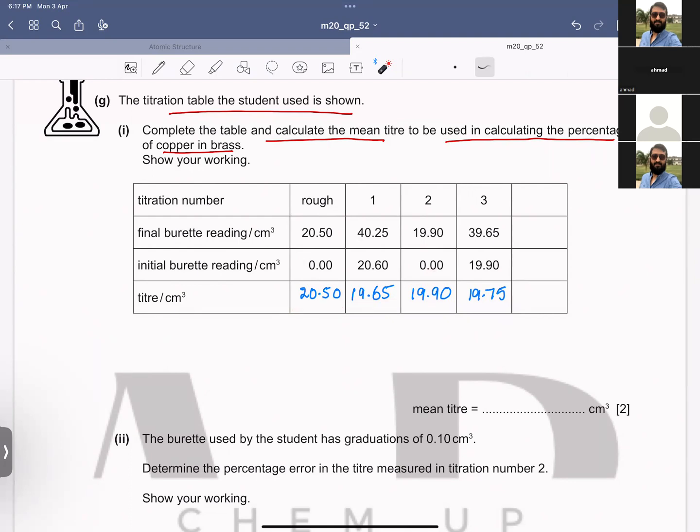Okay. So if I go for the mean titer, first I have to figure out the best results. Out of these, the closest ones are these two, right? So I can consider these two as my best results, and then I take the average of these two. So 19.65 plus 19.75 divided by 2 gives you 19.70. Is this understandable?